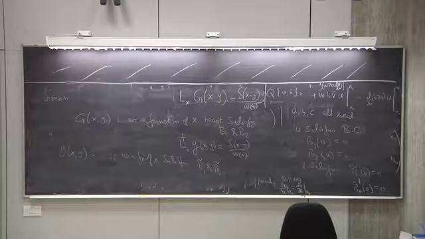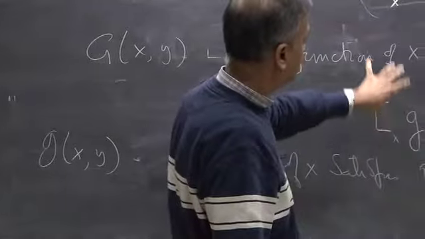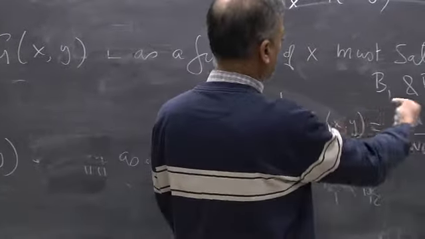So these are the two Green's functions you can write. I have this operator L and this adjoint operator, and for each of them I try to find the right inverse.